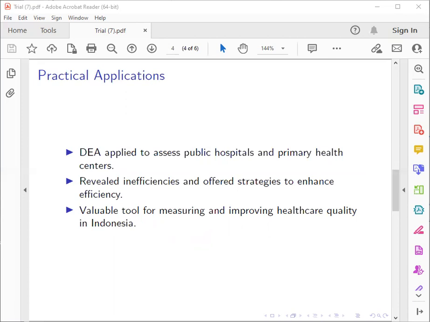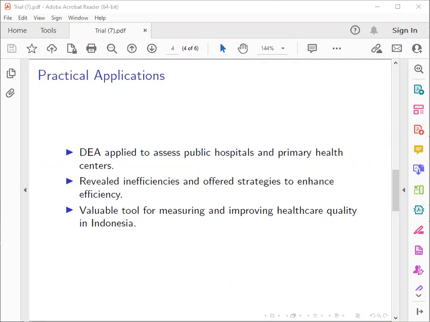That includes public hospitals and primary health centers, which in Indonesia we call puskesmas, and clinics. Researchers have used DEA to evaluate, modeling inputs like medical staff, budget, and facilities, as well as outputs like outpatient visits, inpatient days, surgeries, and deliveries, okay?